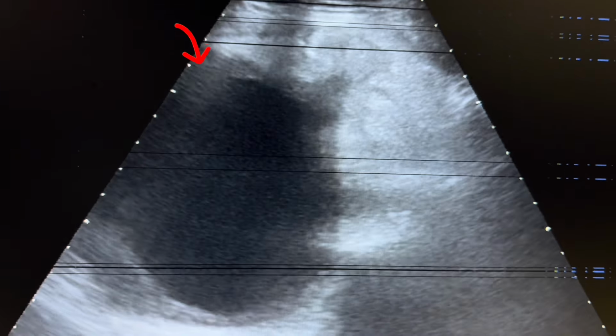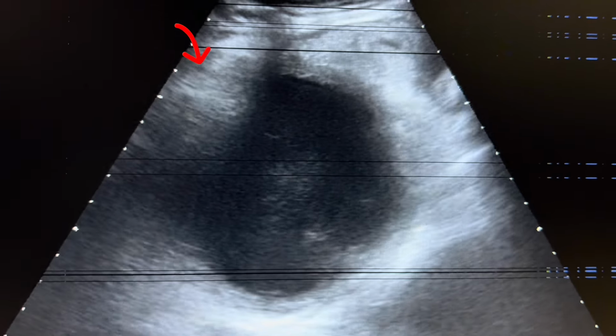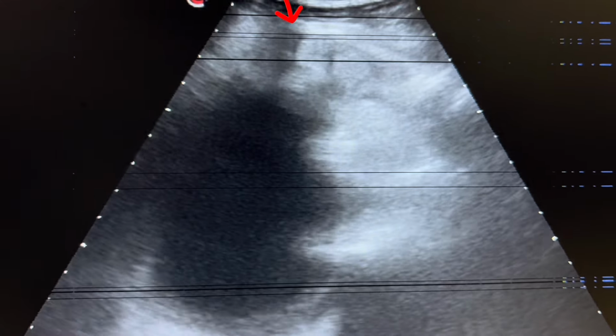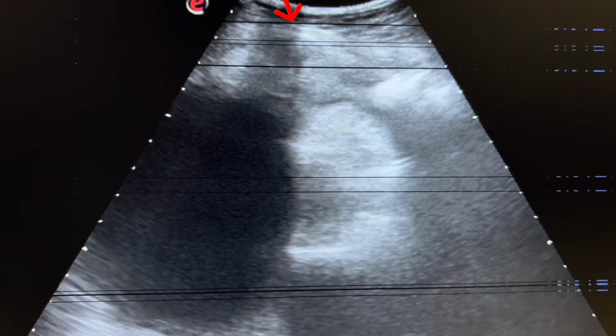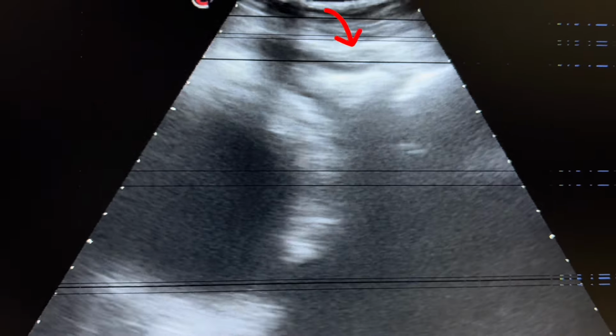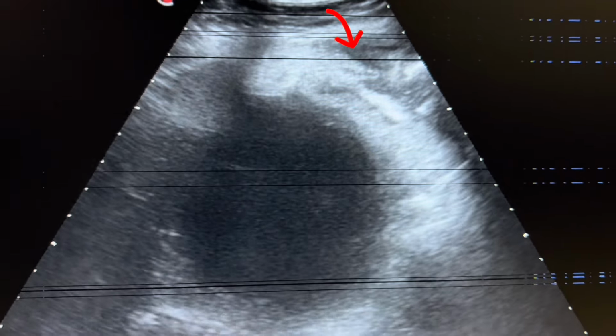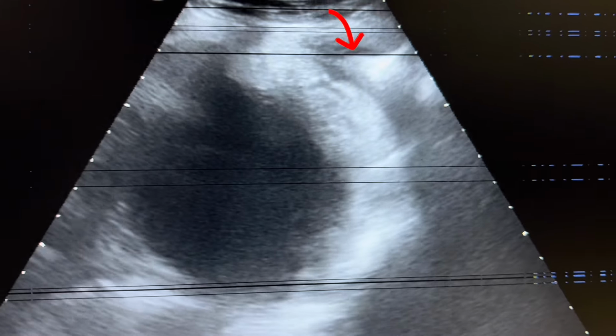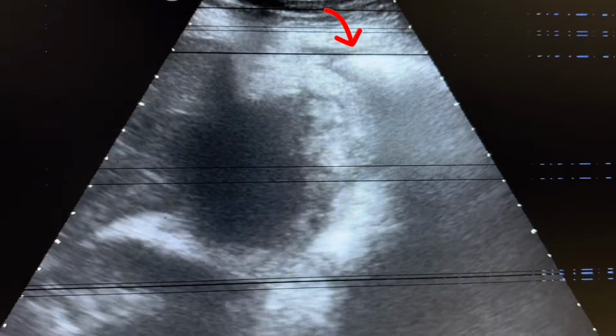Now we continue scanning the lesion from the right hypochondrium to the right lower abdomen to locate the origin of this lesion. Here we see the ascending colon, which contains gases. This lesion lies posterior to the ascending colon.